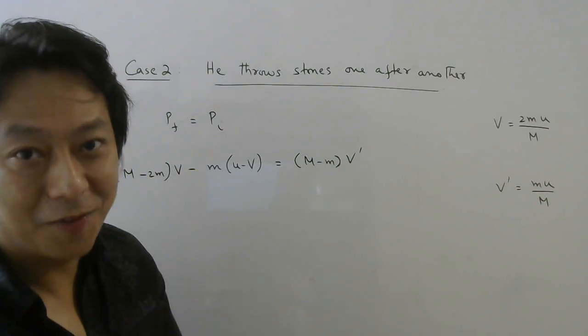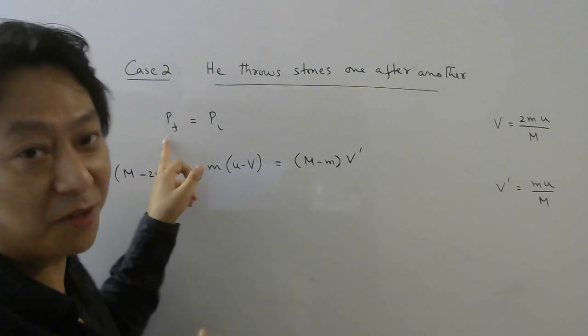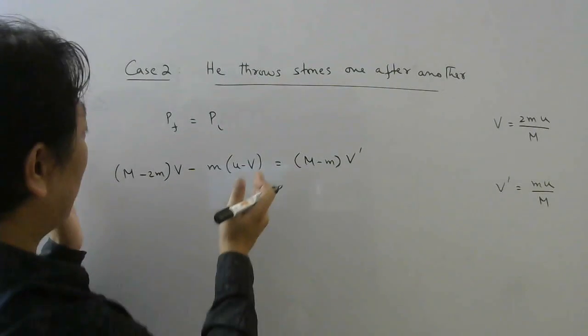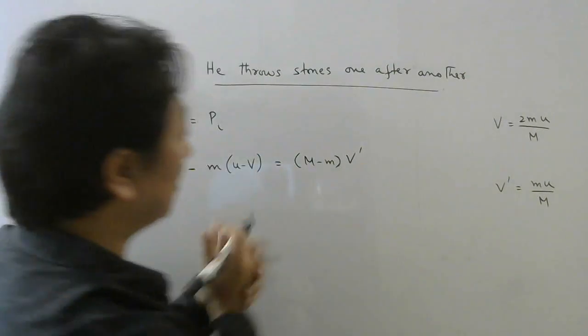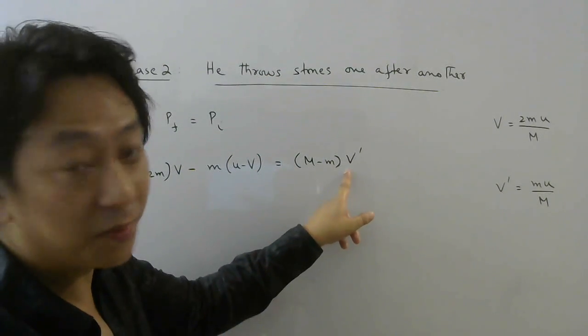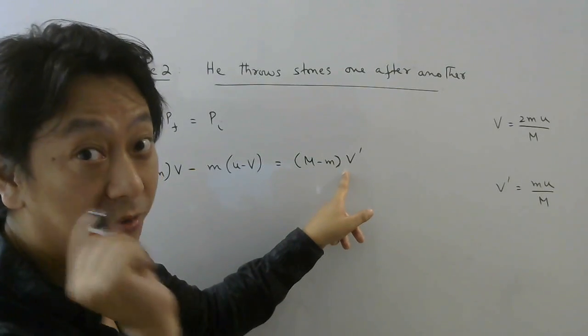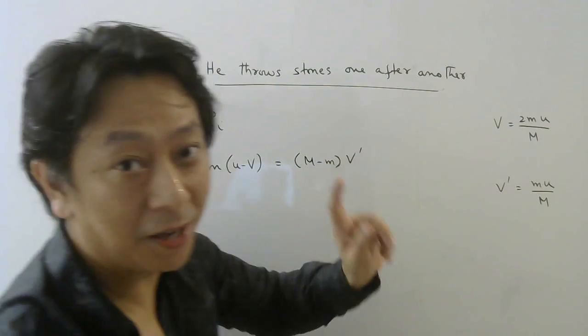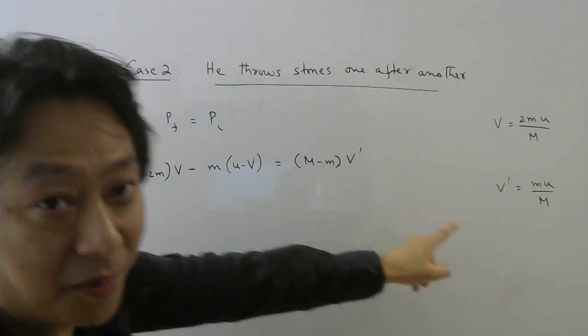Now we know from conservation of momentum, the final momentum of the system equals initial momentum of the system, and we know this is the final momentum and this is the initial momentum. V dash, remember, is the velocity of the boy after he throws the first stone, which we found mu by capital M before, right? So remember that.